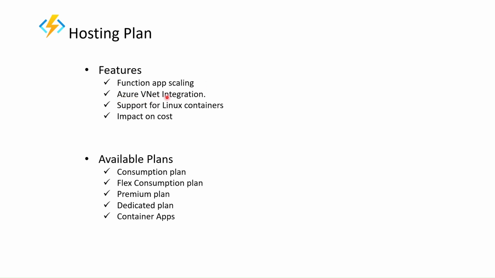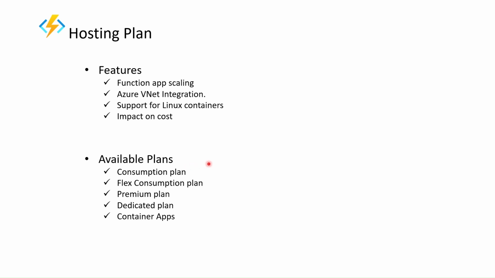Next, Azure VNet integration allows the function app to access the Azure resources in the Azure cloud from the virtual network. Next, it has support for Linux containers. Then, it also has an impact on the costs.